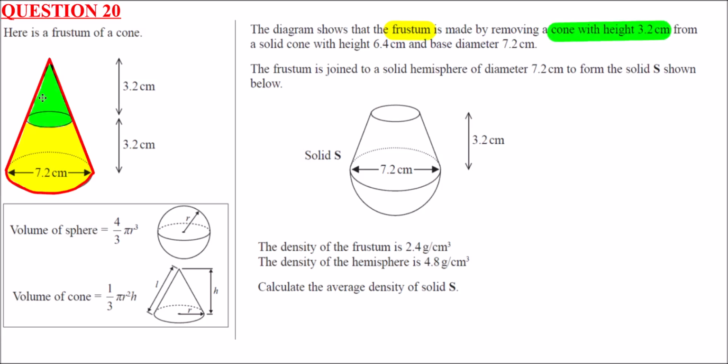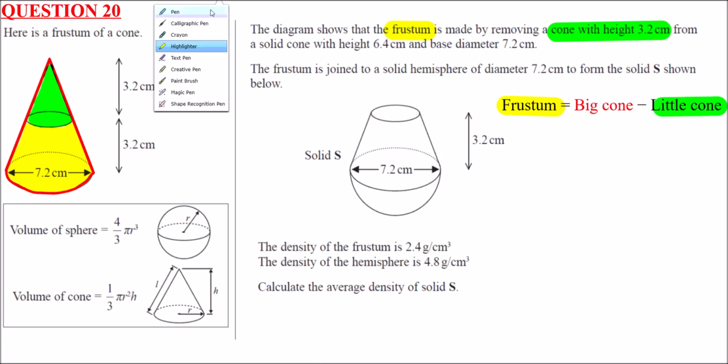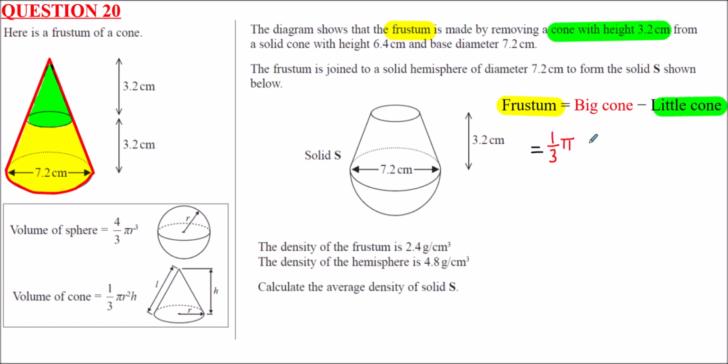So hopefully you can picture that the volume of the frustum is just simply the volume of the big overall cone highlighted in red minus this little cone which has been cut away. So we can use this volume formula to calculate this. So the big cone, just plugging in the numbers here, the volume of the big cone will be 1/3 pi times its radius squared.